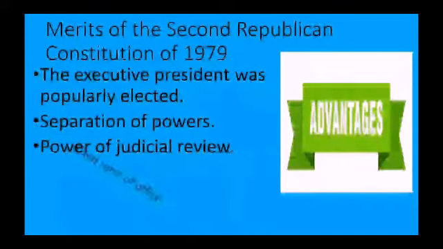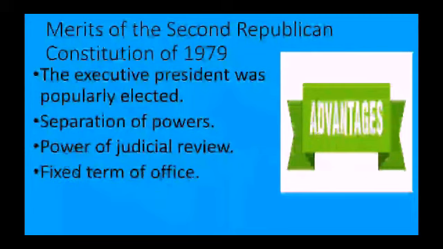Again, there was a fixed term of office for the president and even the governor. Since there was a fixed term of office, no one would perpetuate himself in power. When your tenure elapses as president, you simply go back home instead of perpetuating yourself in power.